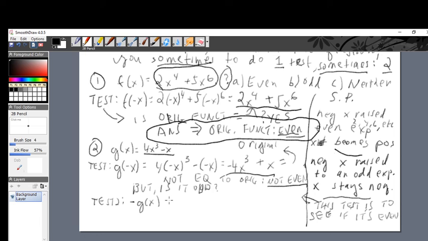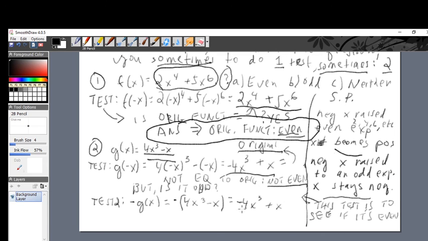So we take 4x cubed minus x, meaning the original, surround it with parentheses, and put a minus in front of it. What does that get us? Minus 4x cubed plus x.